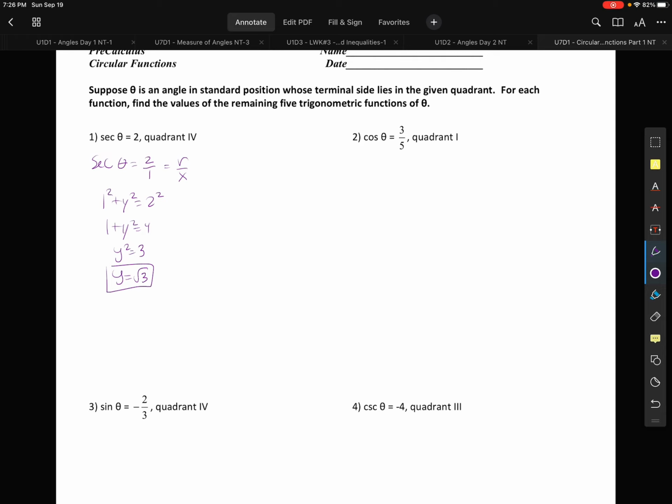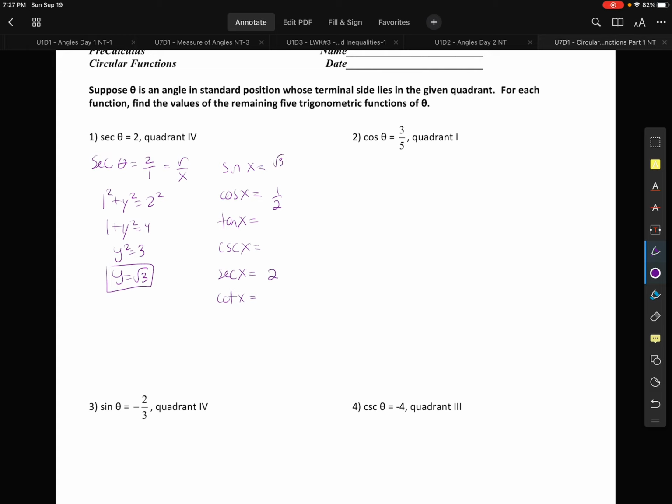Right, so similar idea, we're given two pieces, we find the missing one, and then we're able to find all of our trig functions. So I got sine x, cos x, tan x, cosecant x, secant x, and cotan x. Well, we already know that secant x is 2. So if I flip that, that means cos is 1/2. Sine is y over r.